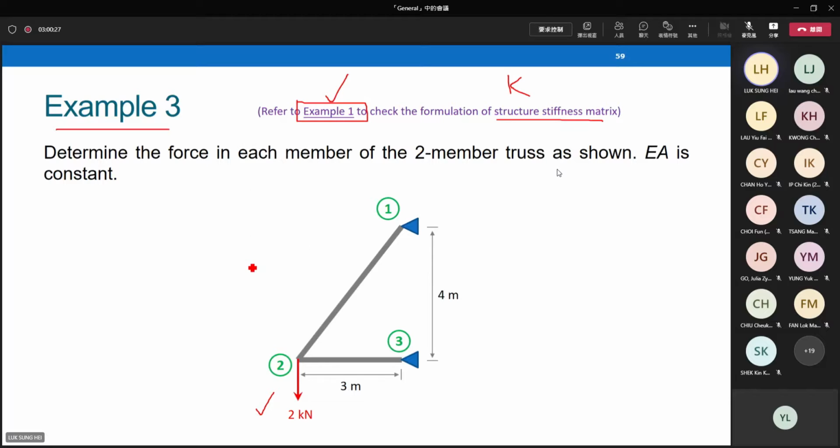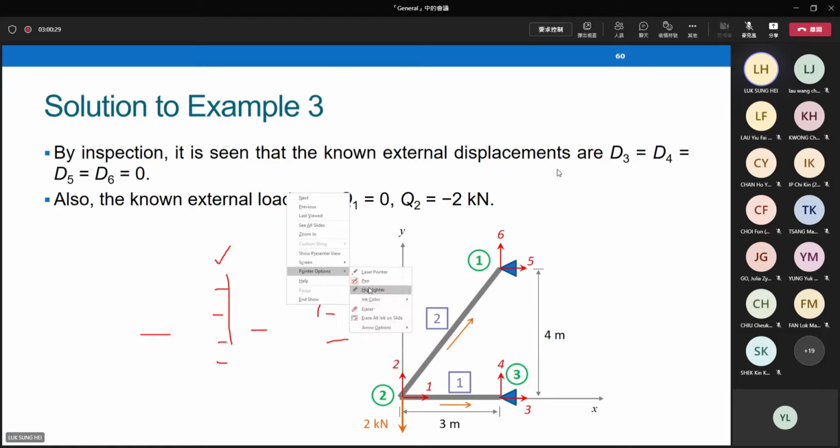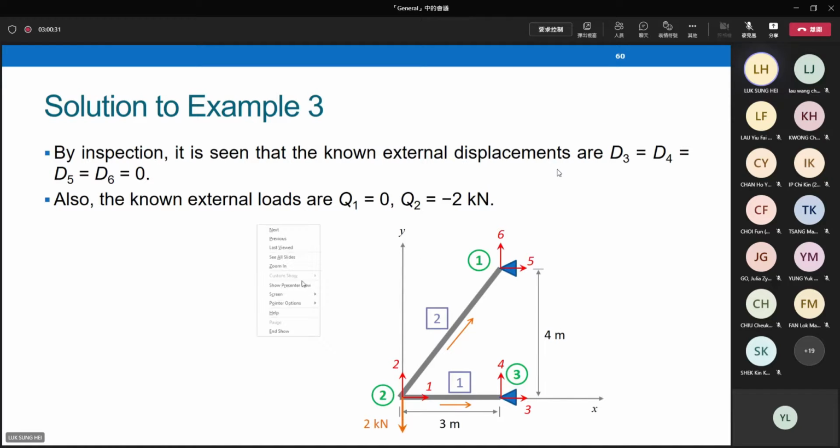Maybe I use this page here. We have code number on this page. The structure is now under downward force at node 2. Then what is our expected deflection of these structures? We expect the structure will move downward because we undergo downward force.